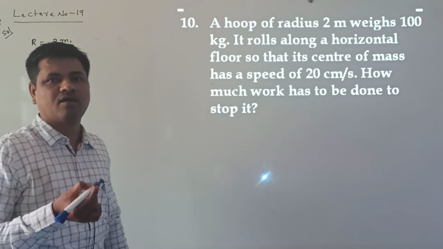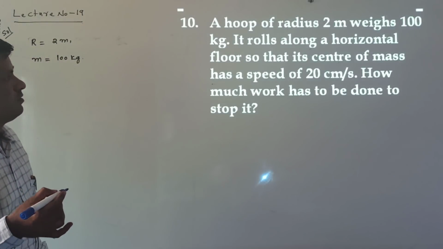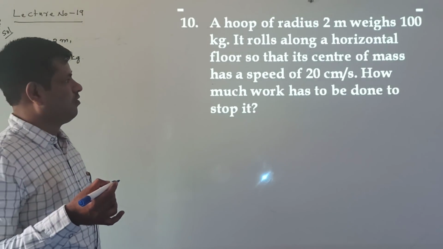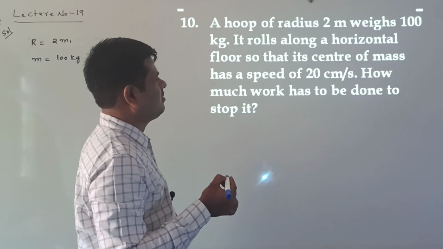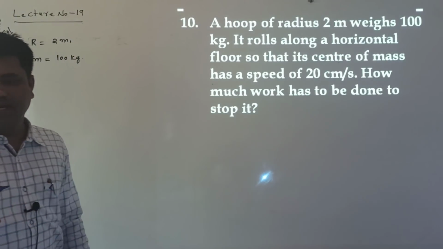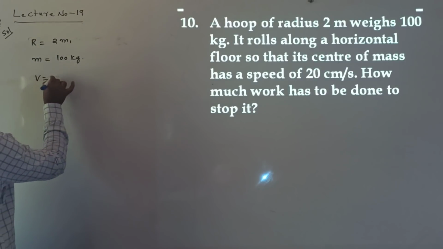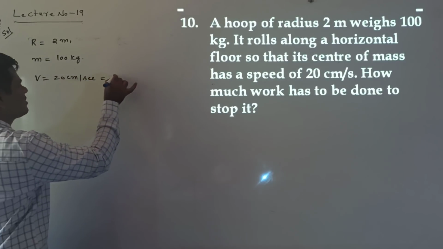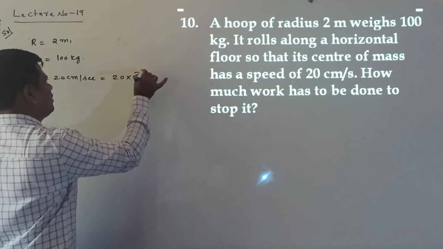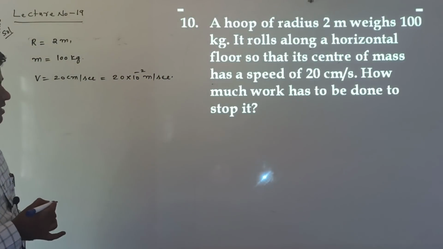Rolling motion means it is a combination of translational motion and rotational motion. The center of mass has a speed of 20 centimeter per second. Velocity is given as 20 centimeter per second. Converting into meter, it is 20 into 10 power of minus 2 meter per second, since 1 centimeter is equal to 10 power of minus 2 meter.